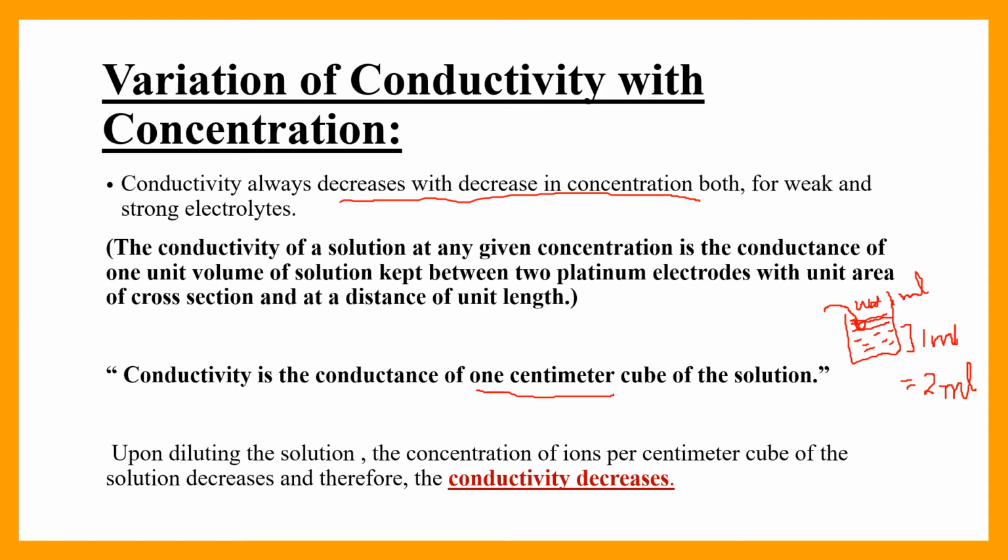It means it is the conductance per unit volume of the solution. As volume increases, conductivity will decrease. So upon diluting the solution, the concentration of ions per centimeter cube of the solution decreases. Therefore conductivity will decrease.